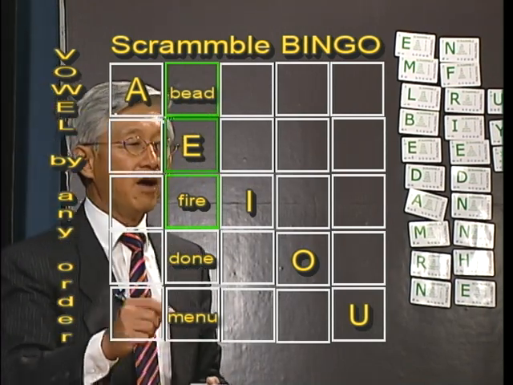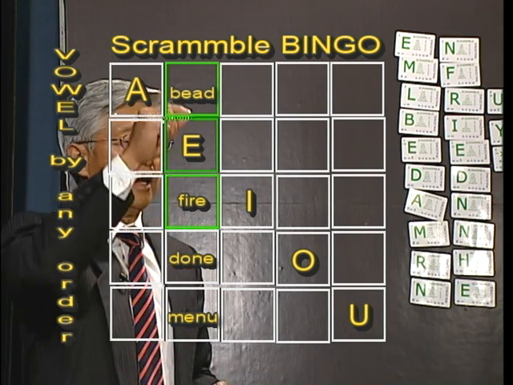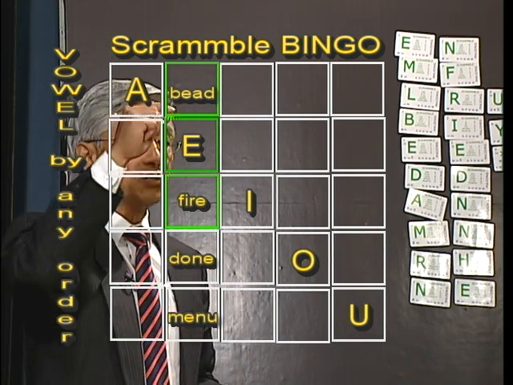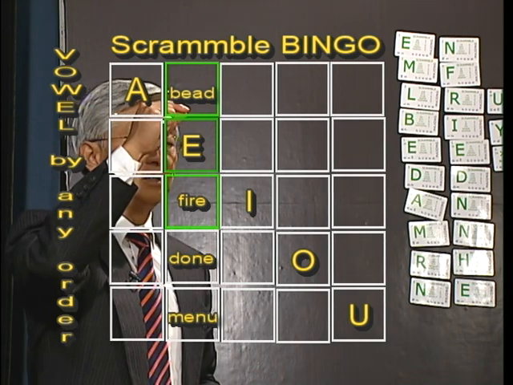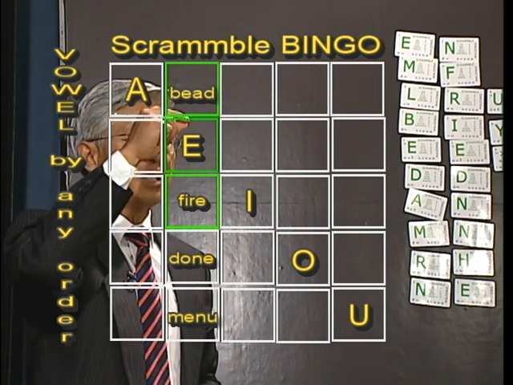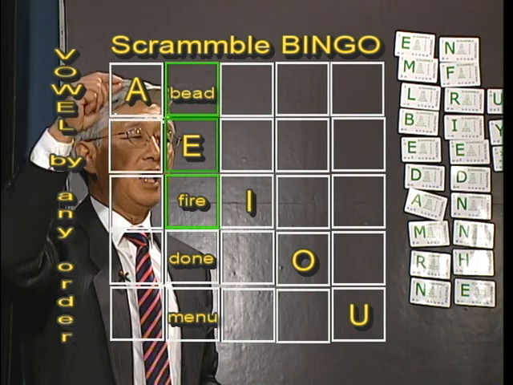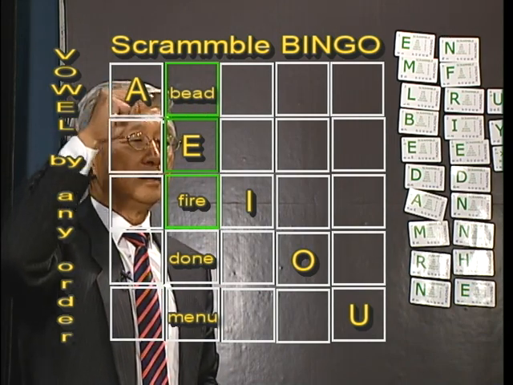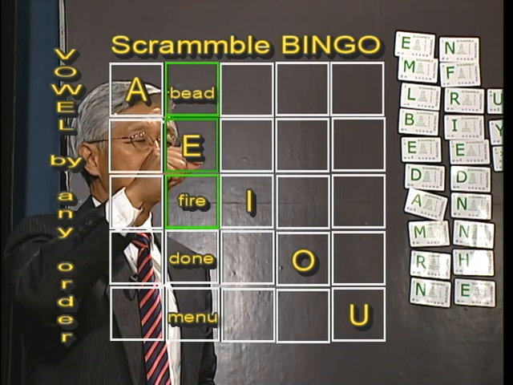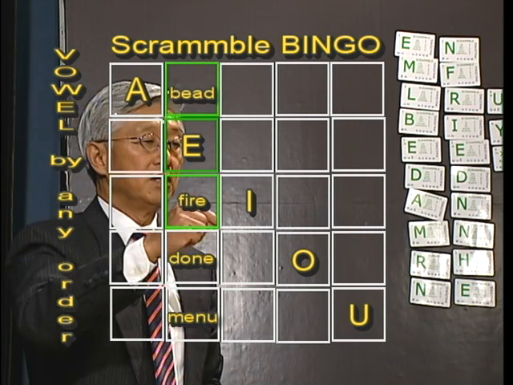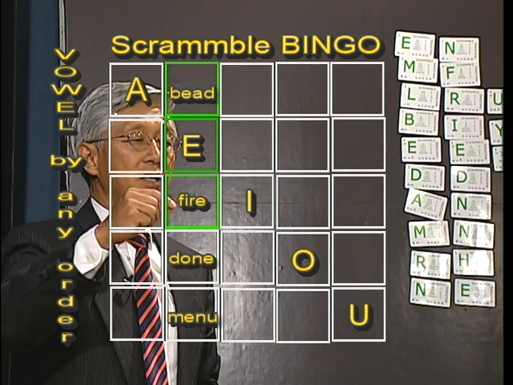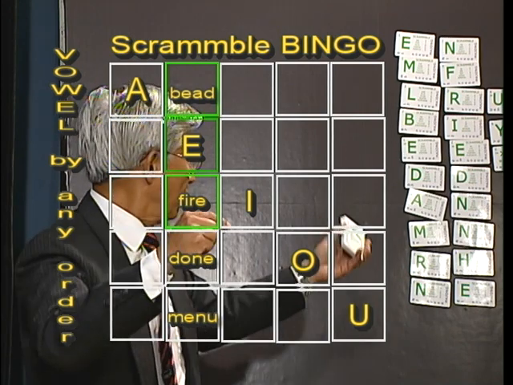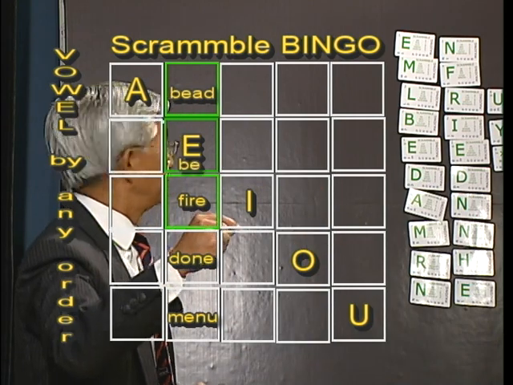Does that satisfy our rule as a 5-word in a vertical column? First one is bead, B-E-A-D. Horizontally it satisfies the A rule because you have placed the A at the corner. Second one, B-E, satisfies that. Third word, F-I-R-E, fire, satisfies that. R is there, F is there, right?